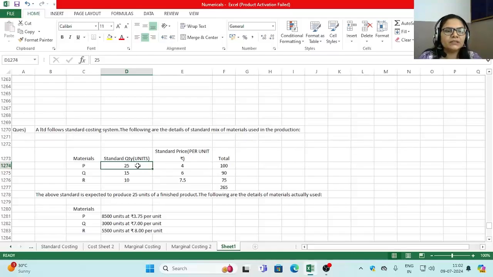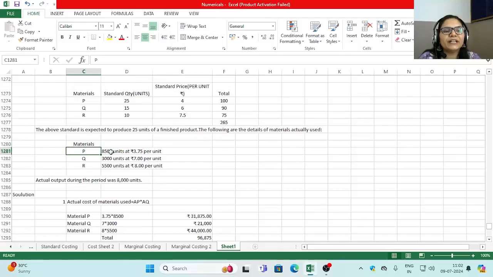Now, for basic understanding, it is very necessary that you understand the question. The question says we have three materials in a product, P, Q, and R. The standard quantities the company has calculated are 25, 15, and 10, and the price per unit is 467.5. So this is all about standard quantity per unit. Now, the company is expected to produce 25 units of a finished product. So this is a standard quantity calculation by the company. 1 unit of a finished product is composed of 25 units of P, 15 units of Q, and 10 units of R. But the company actually produced 8,500 units, 3,000 units, 5,500 units at the given price per unit.